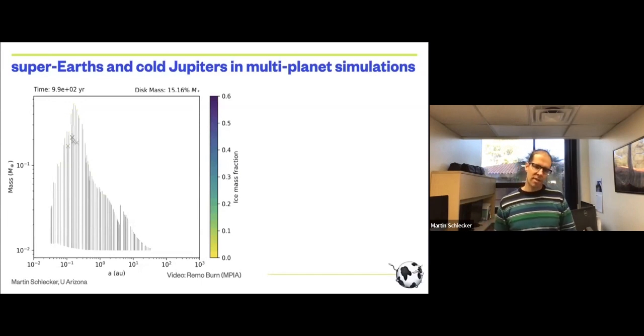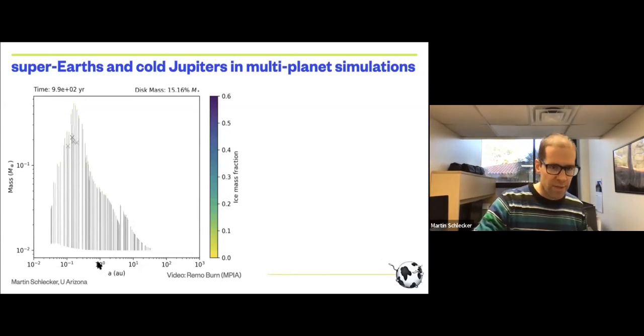In this little video, you will see one single system, with semi-major axis versus mass, and each point is a planet. So we have a lot of planets in the same system. We start with initially 100 lunar mass embryos that then accrete simultaneously. And they also leave tracks in the plot.